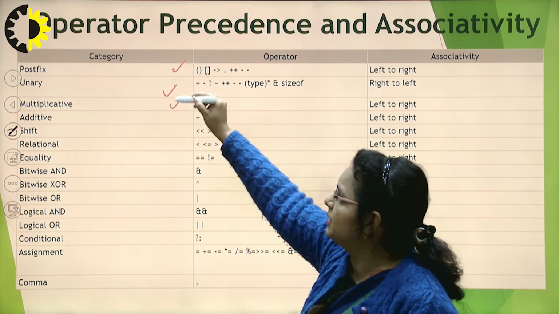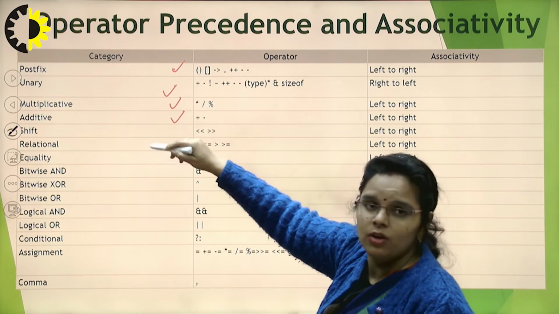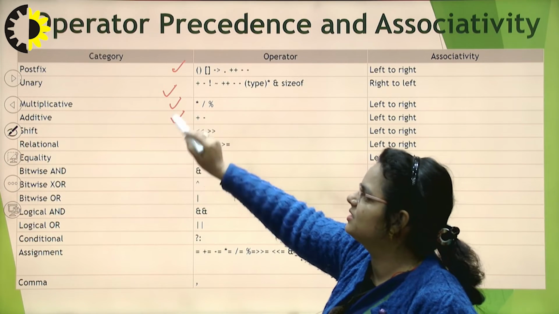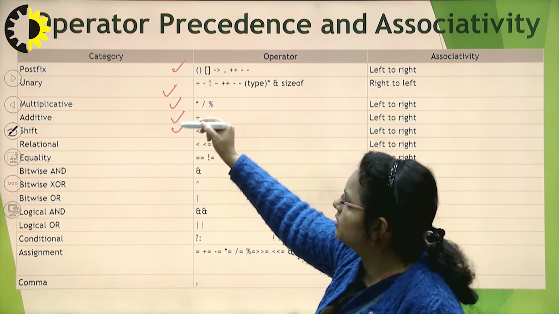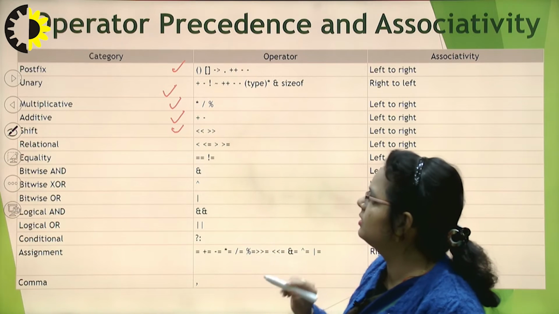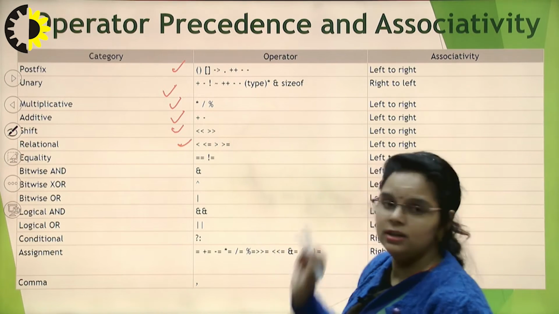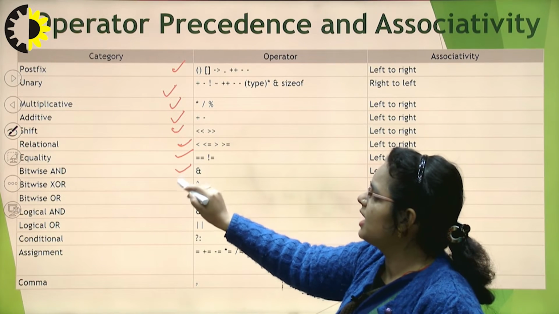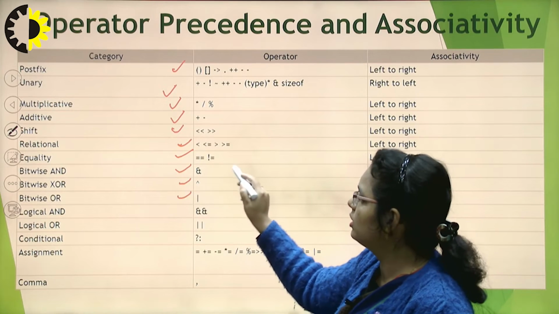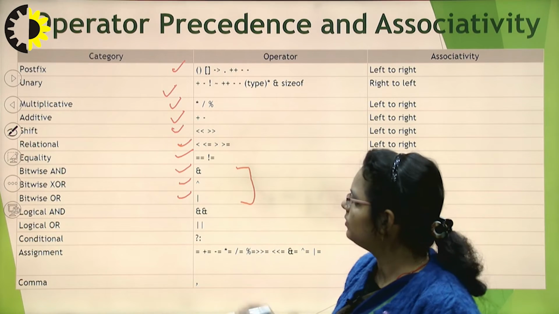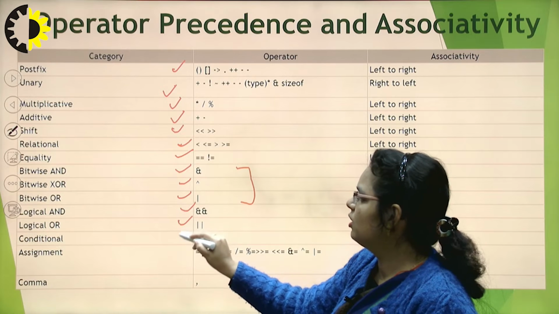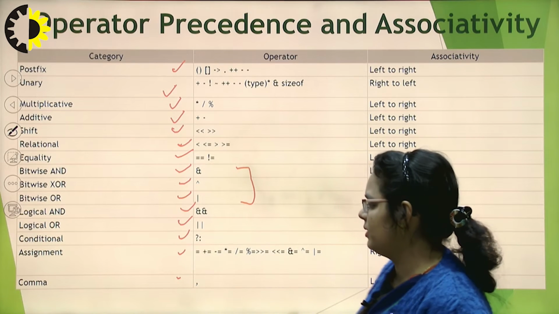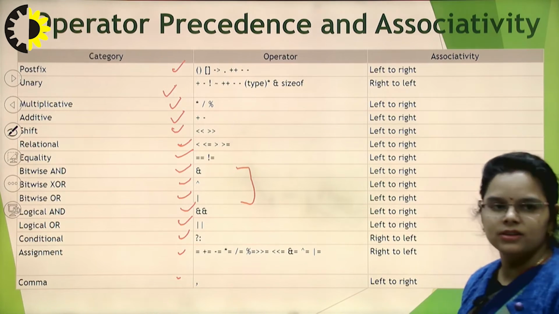After that, multiplication, addition; we have already read that multiplication has a higher precedence than addition. Then shift operators, relational operators, equality operators, bitwise and, bitwise or, all of which are binary operators, and then logical and, logical or, conditional, assignment and comma operators. We have not discussed the comma operator, I will discuss it here.